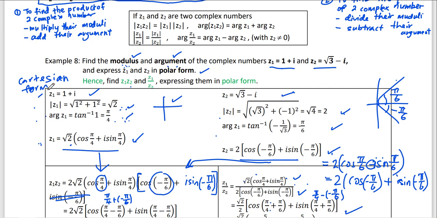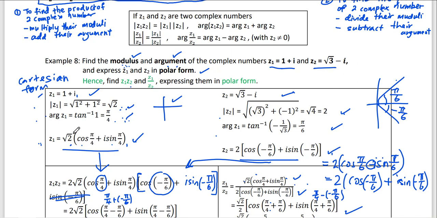Z equals 1 plus i is Cartesian form. Changing to this is a polar form. Polar form involves cos and sine. Every time remember, the angle for polar form must be between what and what? Polar form angle must be from negative pi until positive pi. Remember all this about polar form.